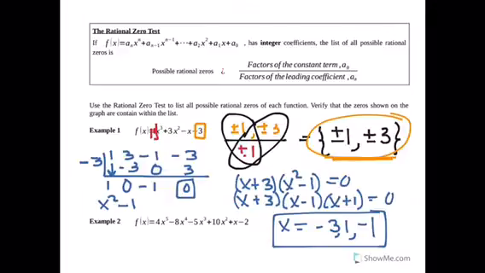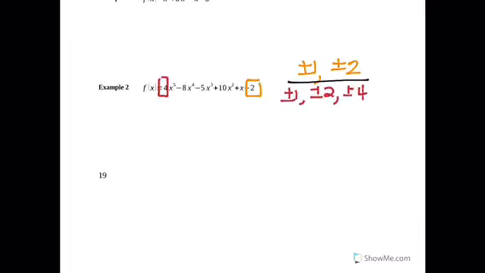So let's take a look at example 2. So again, we're going to look at the constant. Here's the factors of 2. And we're going to look at the leading coefficient. Here are the factors of 4. And make our list.